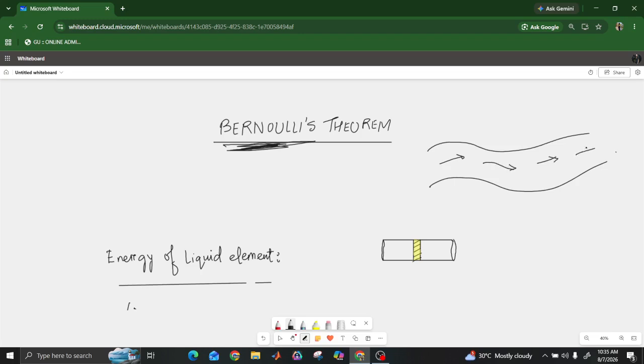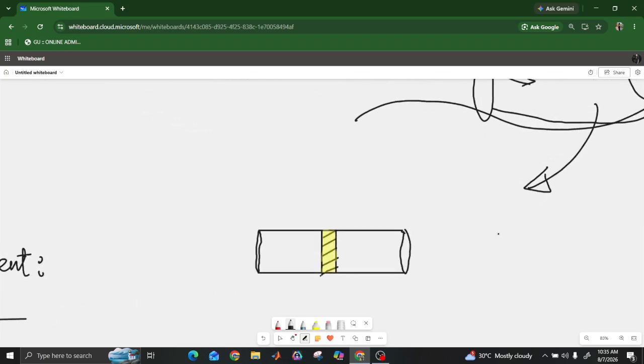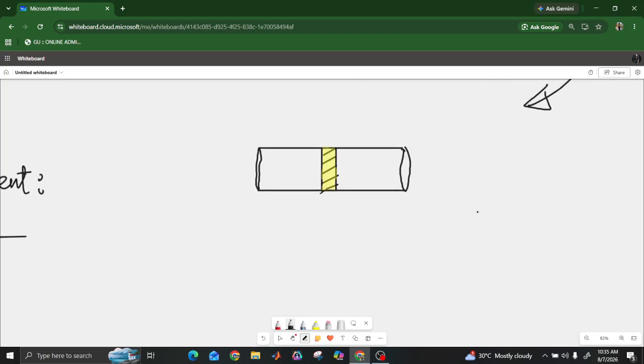So we cut out a portion of it and we draw it like this. We consider a fluid element, and within that fluid element we consider a very small mass of fluid. We take it as dm, since it's a very small mass, and we consider the volume to be dV.